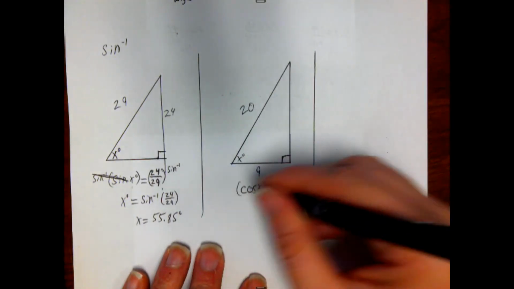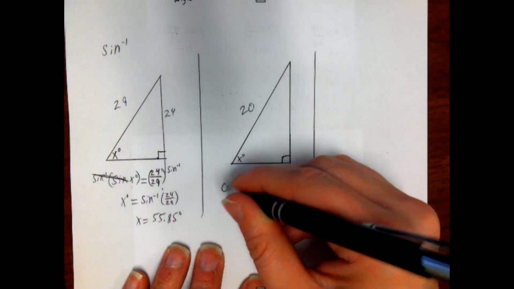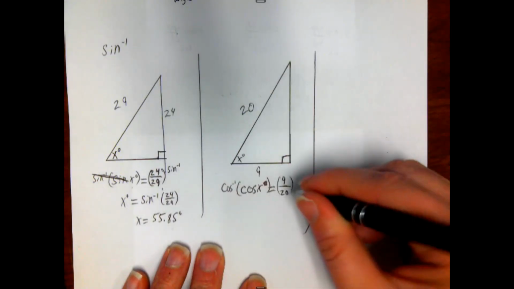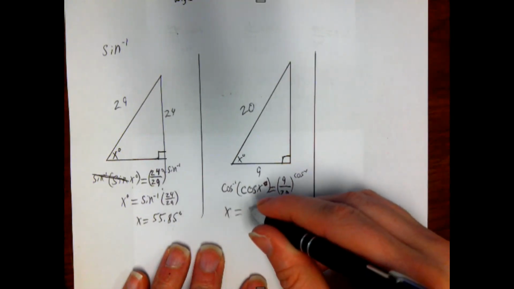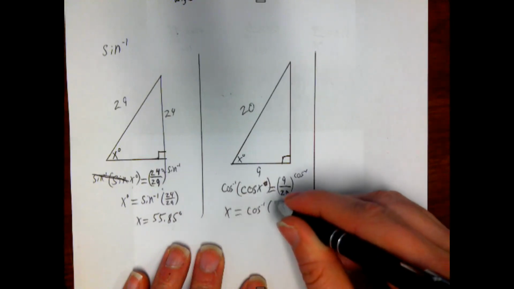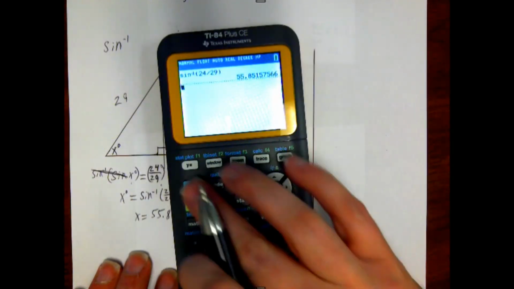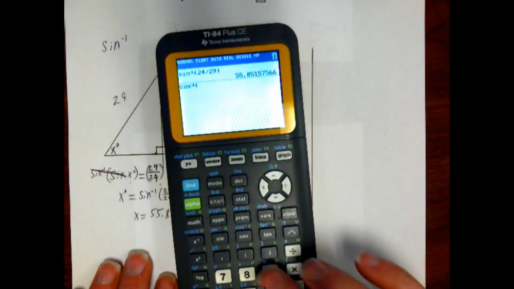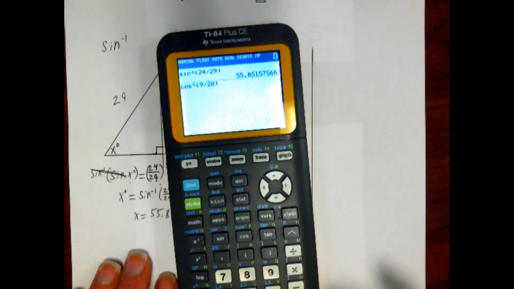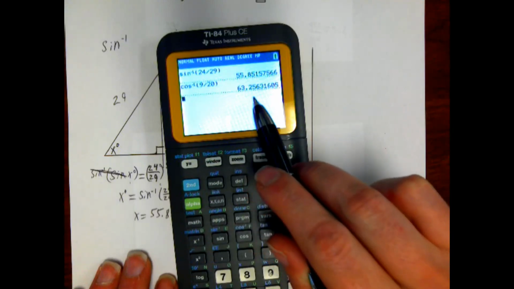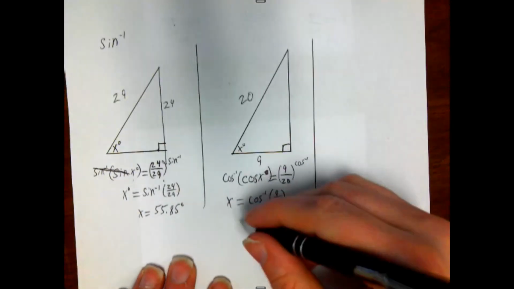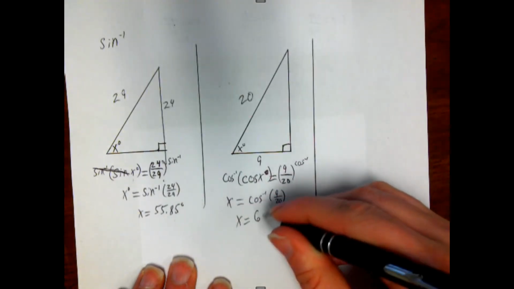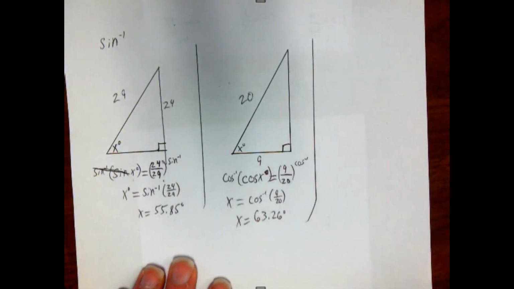And then I'm going to do the inverse cosine, cosine minus 1 on both sides. So x is going to equal the inverse cosine of 9 over 20. Blue button, cosine, 9 divided by 20, close parentheses, 63.25, and then the 6, so it rounds up, 63.26 degrees. So x equals 63.26 degrees.